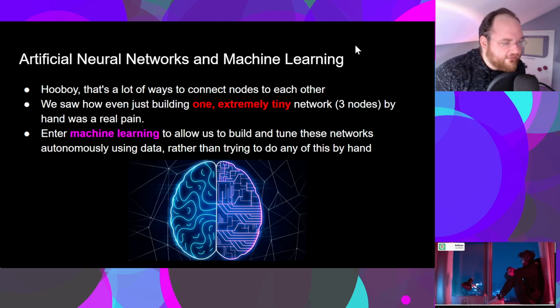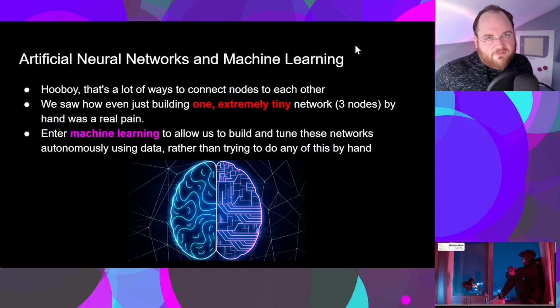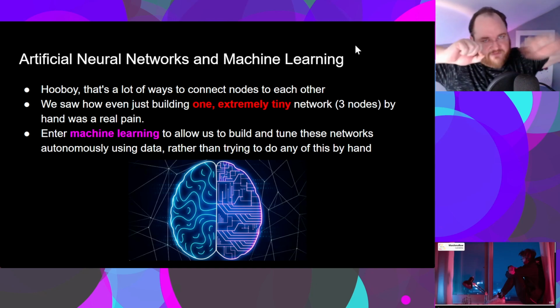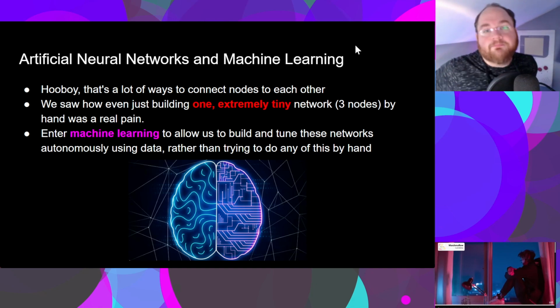But we're left with a sort of conundrum, right? Because we saw how building just one extremely tiny network of 3 nodes by hand is a pain. I don't think it felt like a pain when we talked about it. But you could imagine if you just had to sit there and tweak thresholds and weights of 5, 10, 20 guys until you get the right output, that's going to waste your entire life, right?